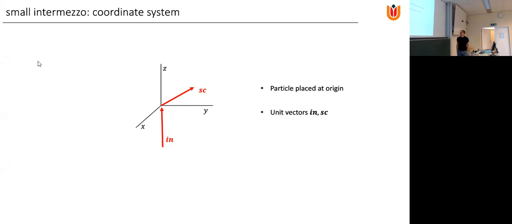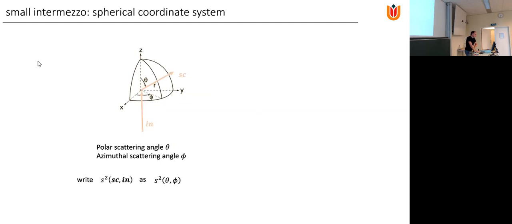Again, a small sidestep for the coordinate system that we use, which will help us to perform this integral. This was the particle placed in the origin, with unit vectors in the incident direction and the direction of observation, the scattered direction. It is more convenient to treat this integration in a spherical coordinate system.